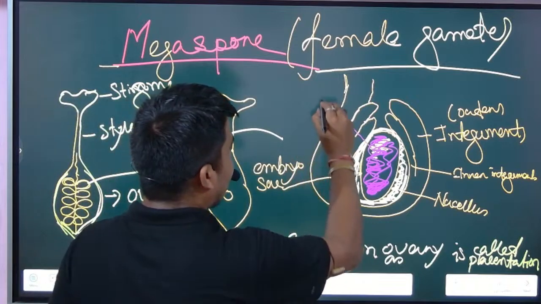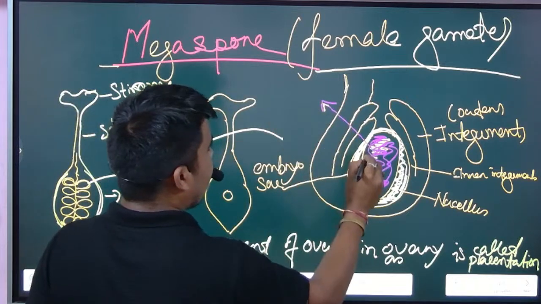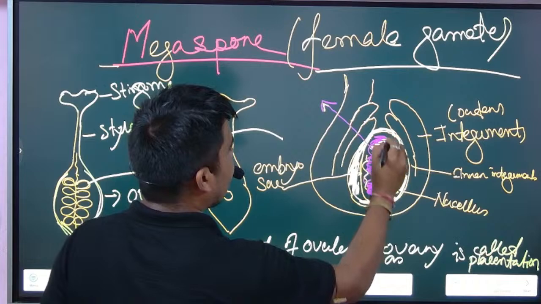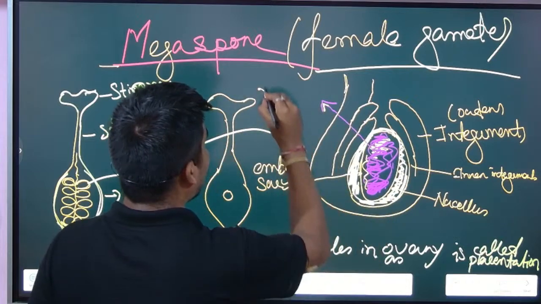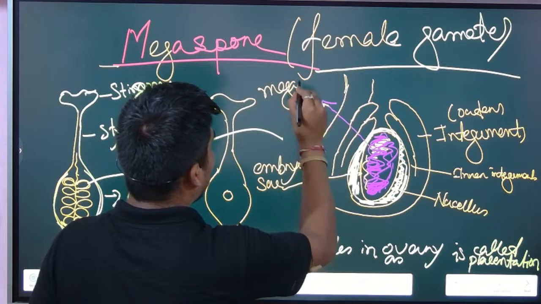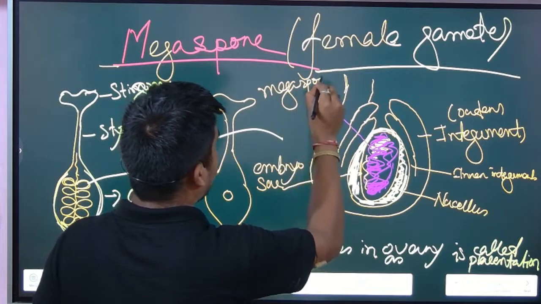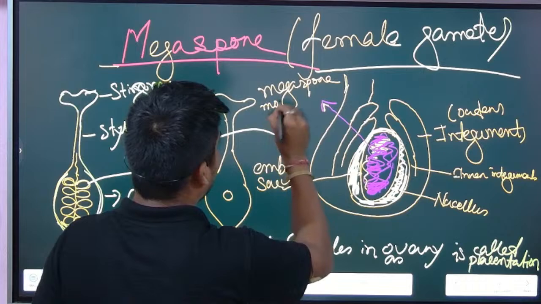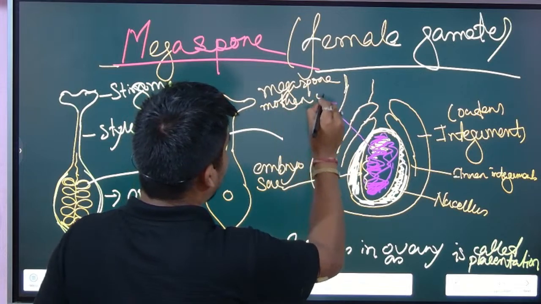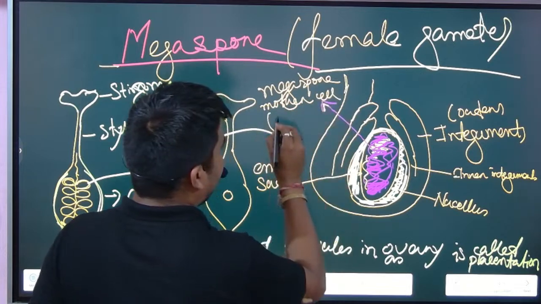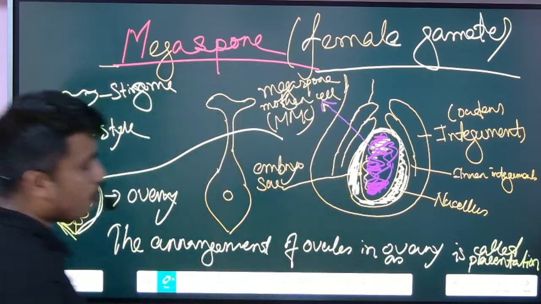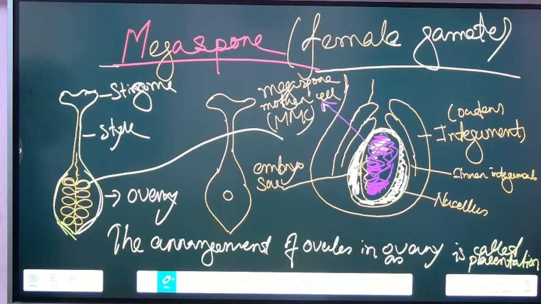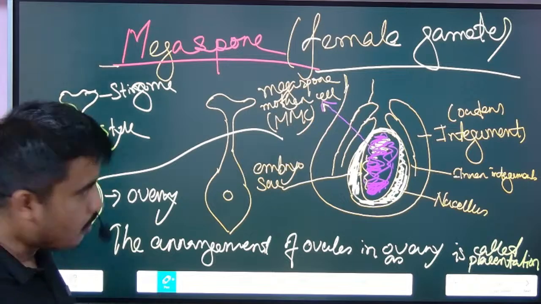These are called megaspore mother cells, in short MMC. What was PMC, pollen mother cell. That is called MMC.